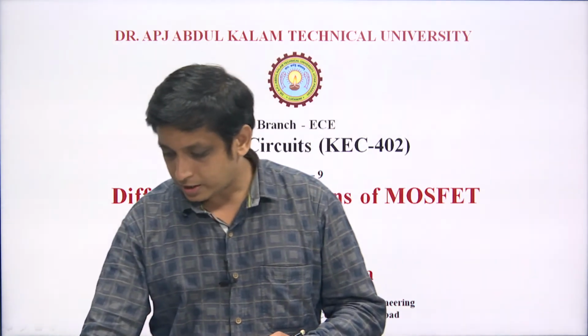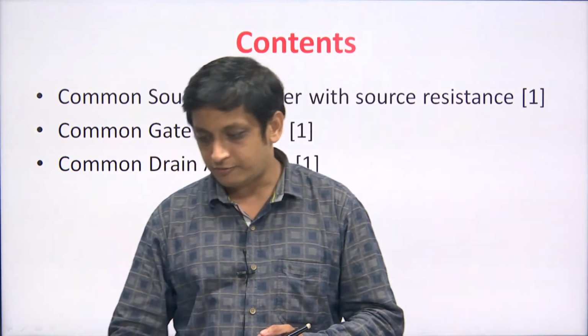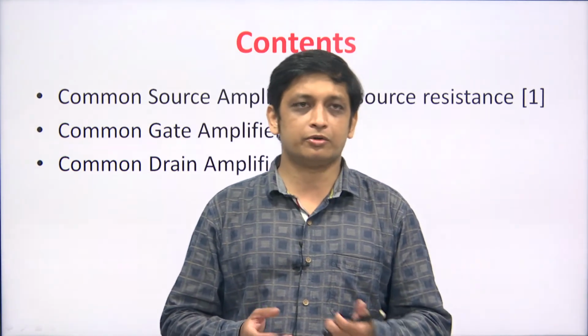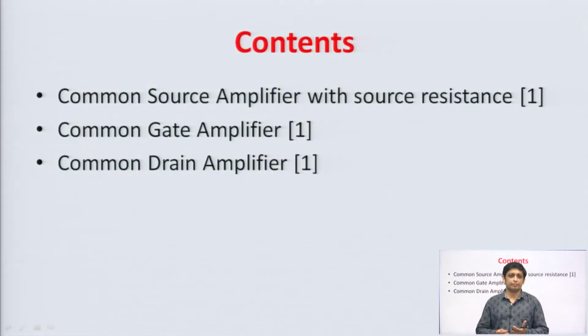So, starting with this common source amplifier with source resistance, and after that common gate and common drain amplifier, and of course, what we are going to do? We are going to calculate the input resistance.